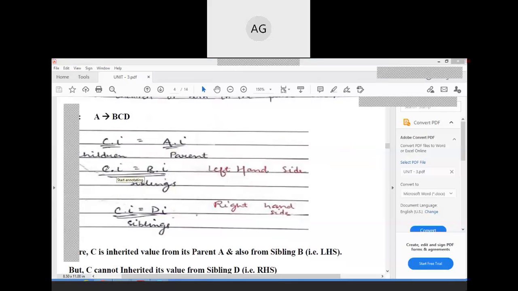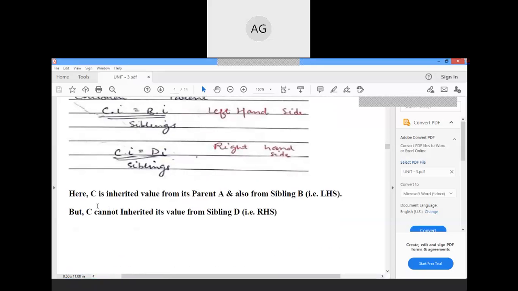But in this other case, the value of C.i is going to be calculated from the value of D, another sibling of C, but D occurs after C, on the right hand side. This type of calculation is not possible because C occurs before D, on the left hand side of D. So this type of evaluation is not possible.